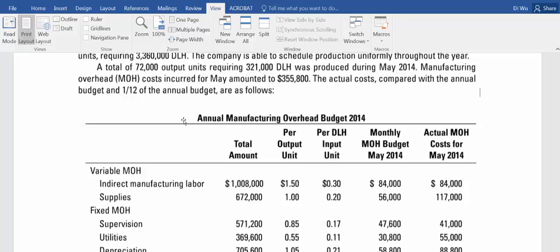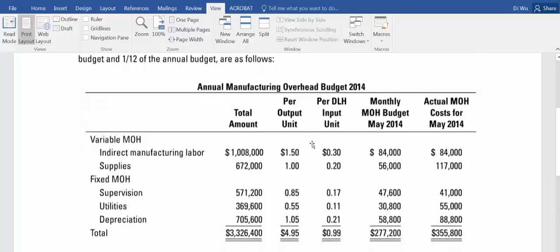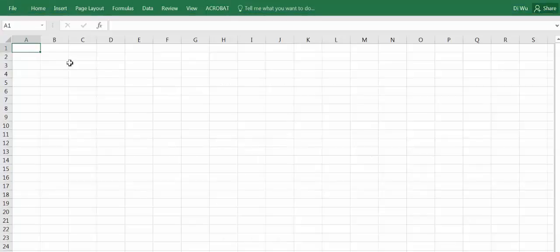All right, let's go ahead and find a solution to this particular question. I'm going to put question 1 here. In order to find the allocated budgeted manufacturing overhead, we need basically 3 things.